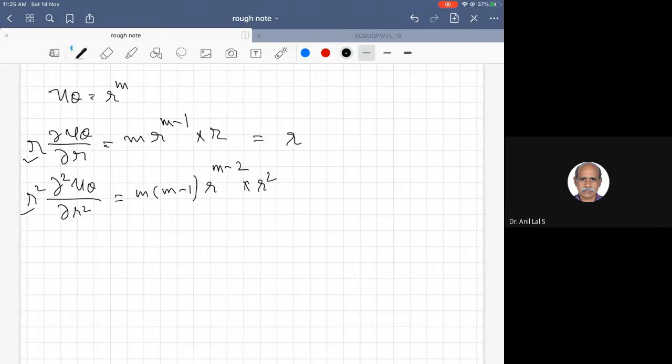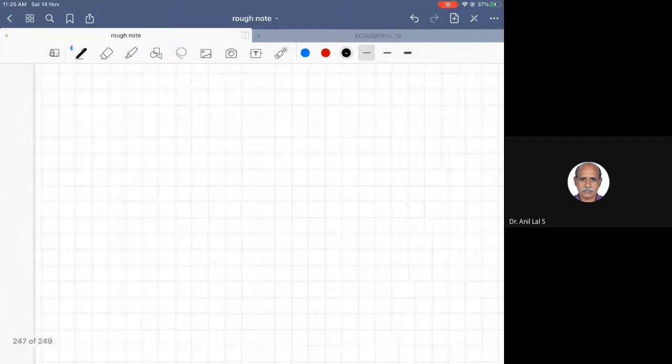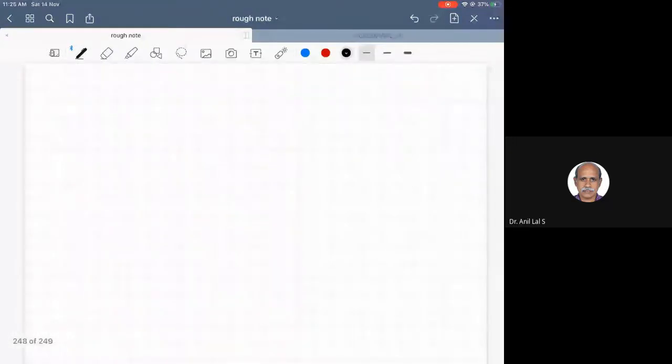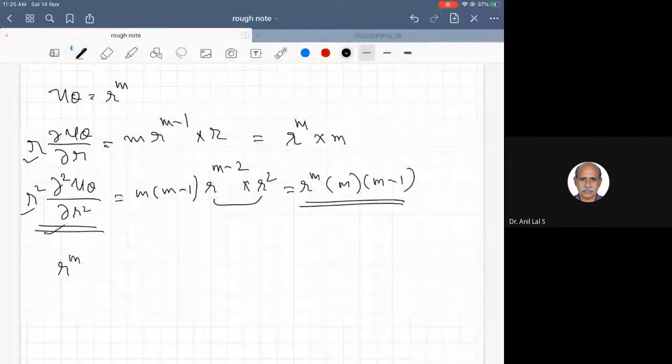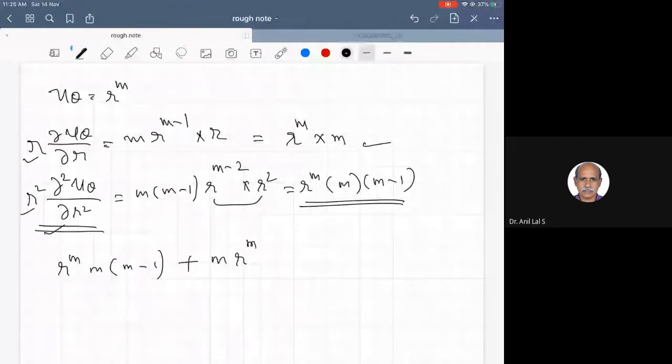So this is r raised to m into m, and this is also r raised to m into m minus 1. Our differential equation has this term: r raised to m into m minus 1, plus this term m r raised to m, minus u theta, that is r raised to m.